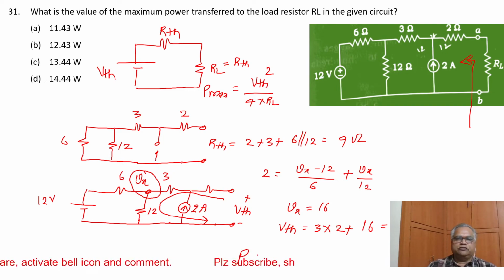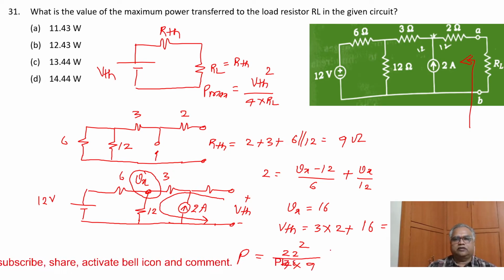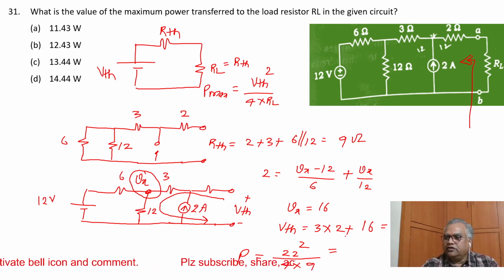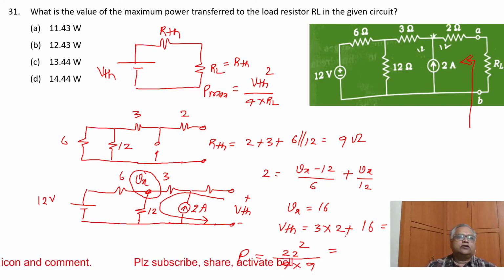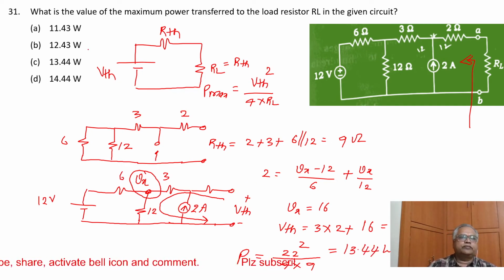Now power is equal to 22 square by 4 into RL. What is RL? 9. So you simplify this, you will get 13.44 watts. So C is correct.